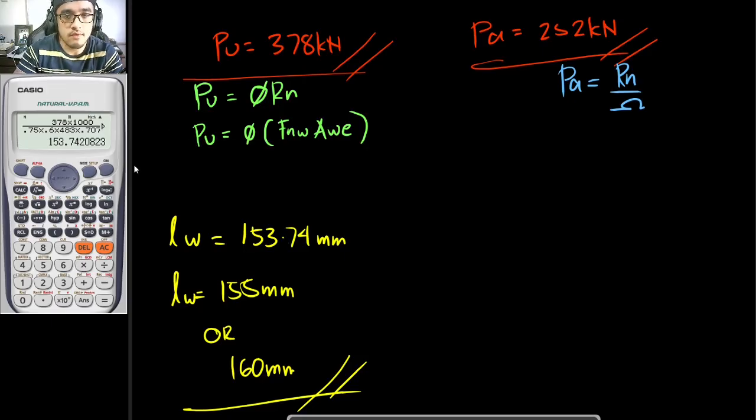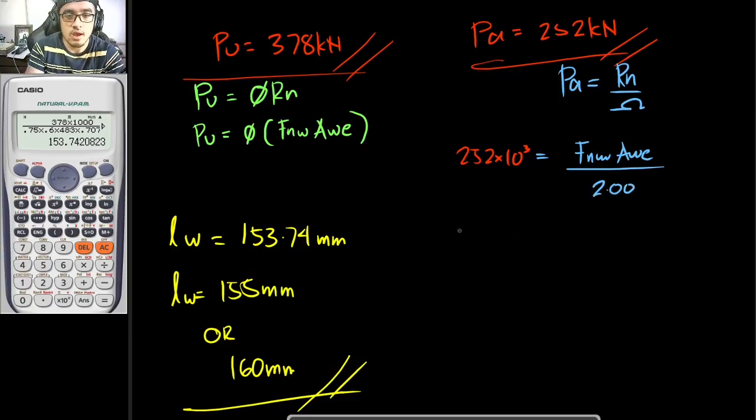So what about for ASD? Similarly, our Pa, which is 252,000, so 252 times 10 raised to 3, equals, so what would be our Rn once again? Our Rn is equal to Fnw Awe divided by omega, and our omega in shear in welds is equal to 2.00.